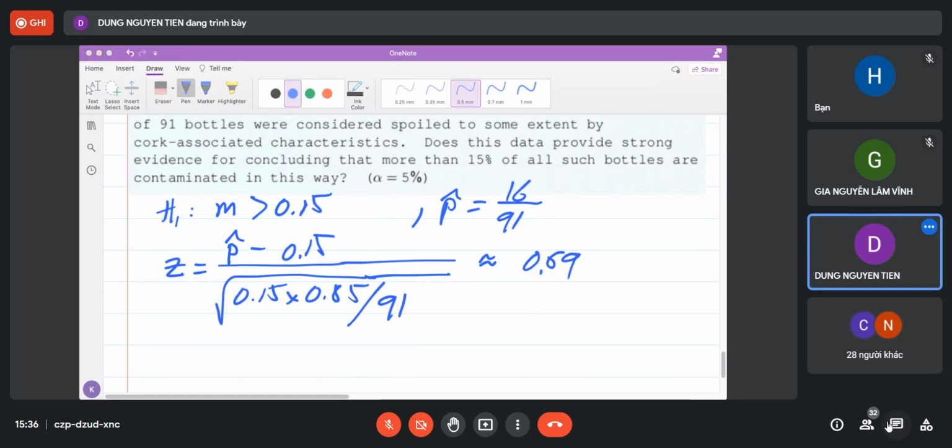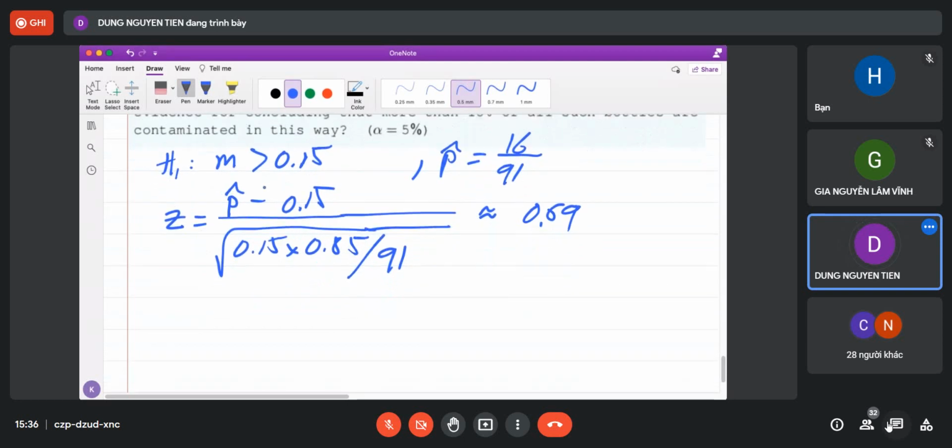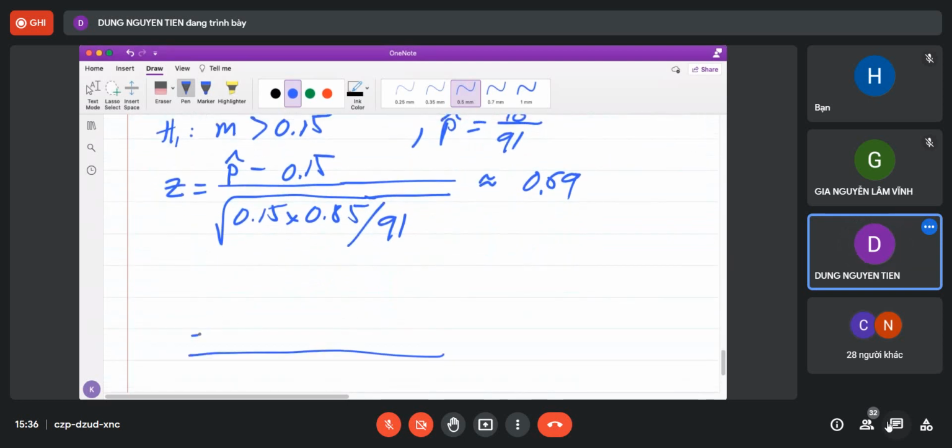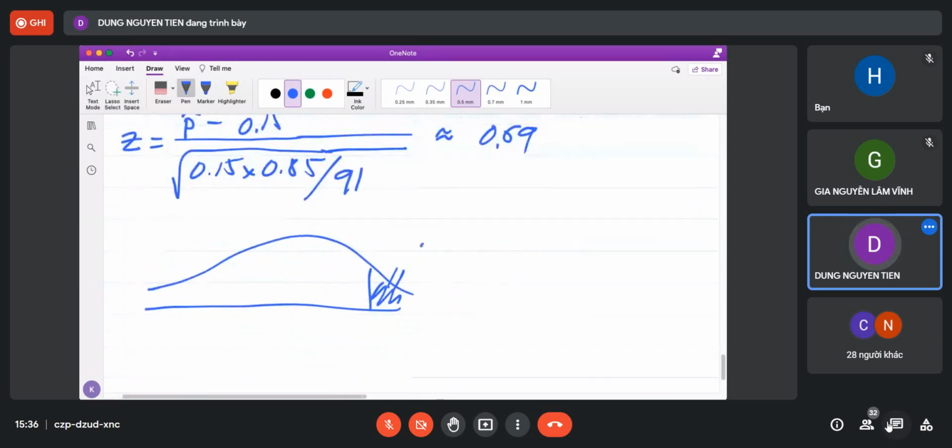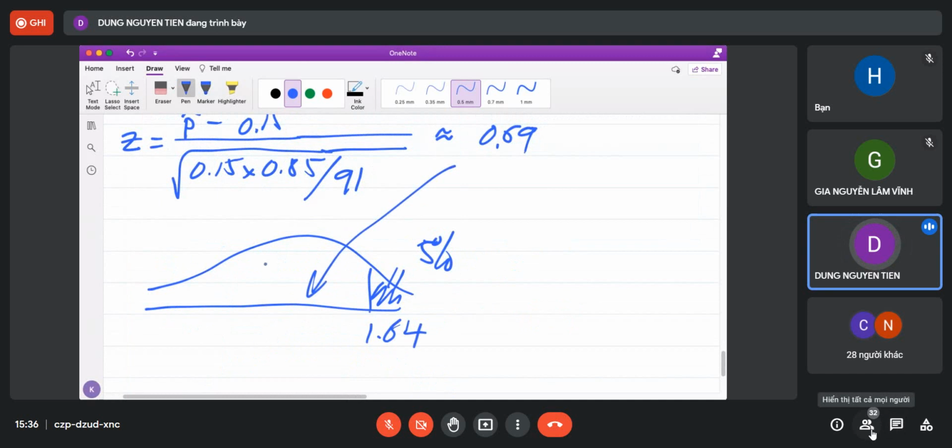All right, and then you have a look at this. p is greater than 15%, then you get this one, right? That is 5%, and the critical value Z is 1.64. Z belongs to this region, right? So we fail to reject the null hypothesis. Okay, understand?